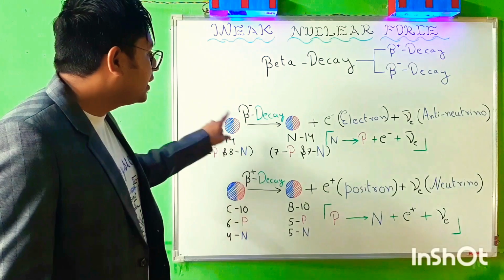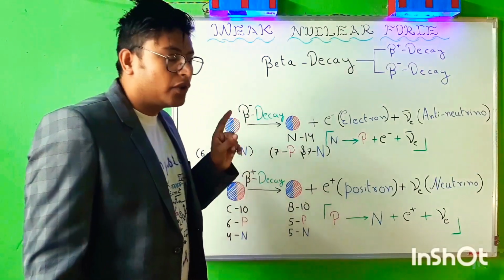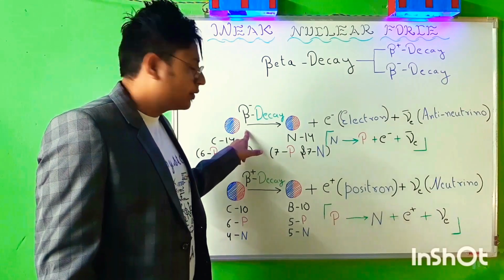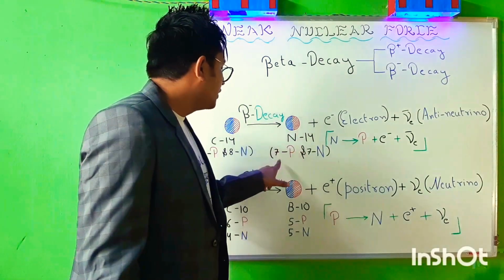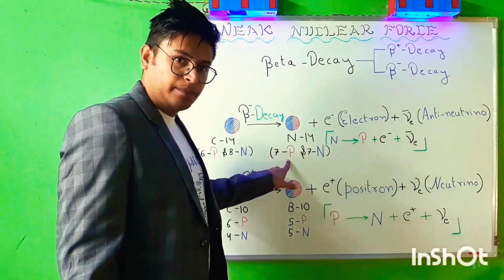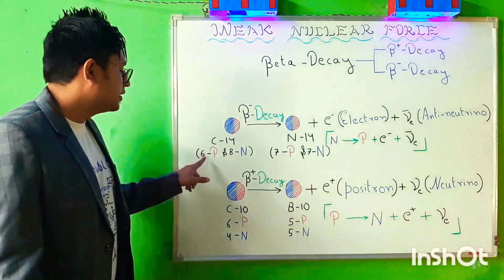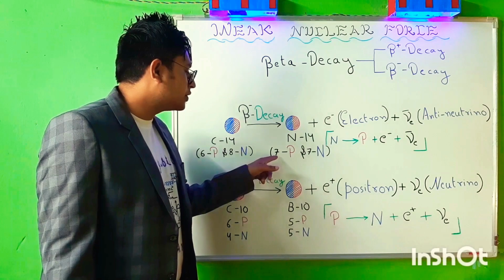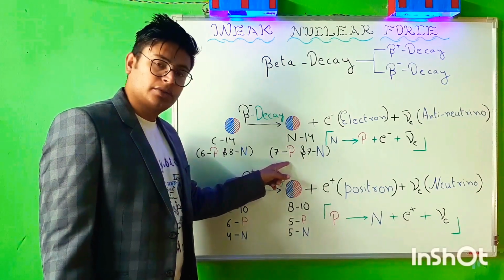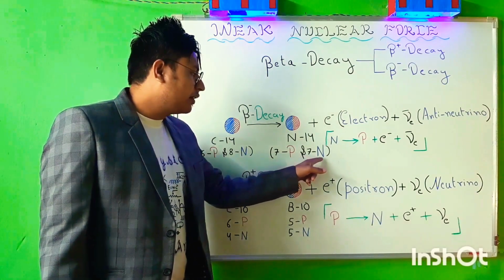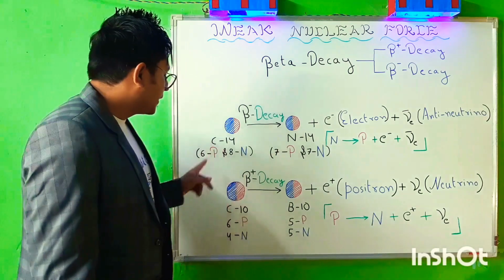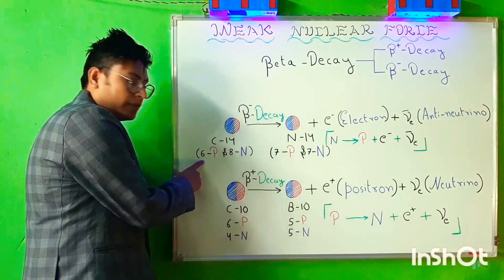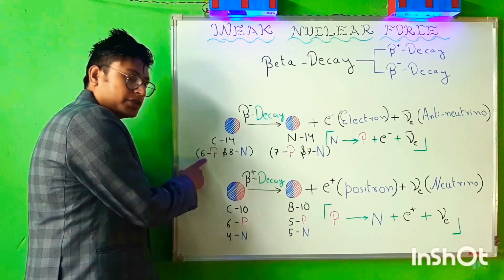So this is my carbon 14 atom. When the carbon 14 atom goes into beta decay, then we have 7 protons. In this case, we had 6 protons, whereas after the beta decay process, we have 7 protons and 7 neutrons. That means something has gone wrong in this particular process.